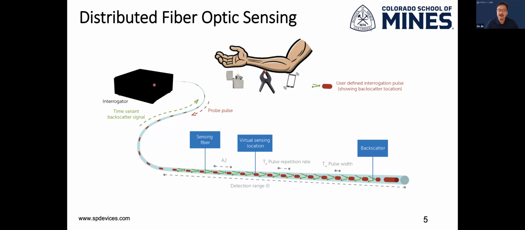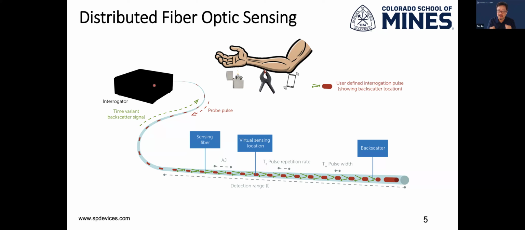You can see the interrogator sending out the pulse traveling along the fiber, and every piece of the fiber reflects a little bit of energy back towards the interrogator. So the interrogator is almost like a 1D radar. It's basically just measuring what's going on everywhere along the fiber.